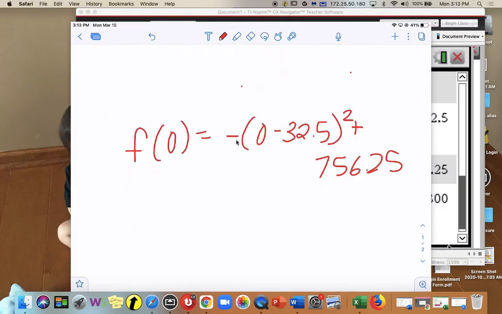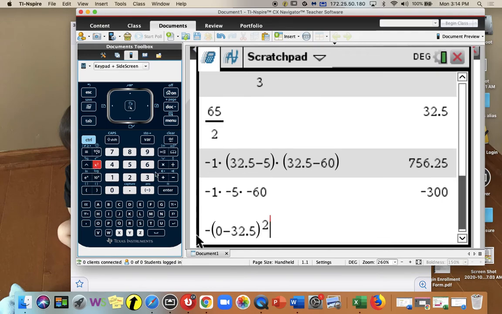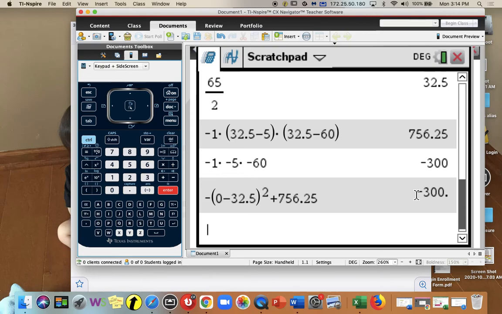I just plugged in a 0 for x, and let me type that into my calculator. Negative (0 minus 32.5) squared, plus 756.25. And look, it gives us the same number because it's the same equation.